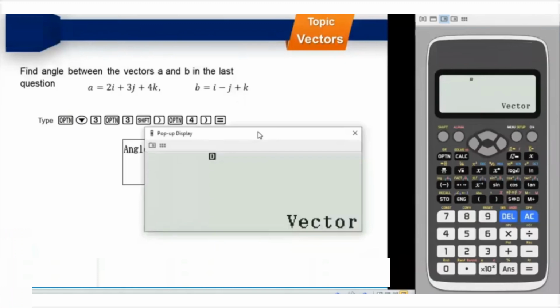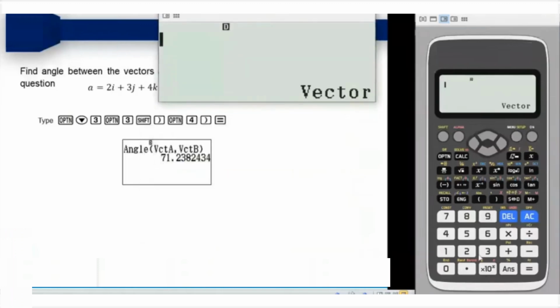In order to find the angle between the vectors, once again, it's a certain formula that we use manually. The first task is to find the dot product. The second task is to apply the formula. And the third task is to find the angle. So it's a 3-step process manually.